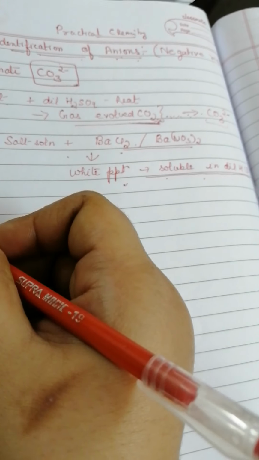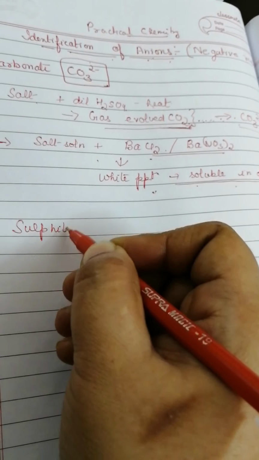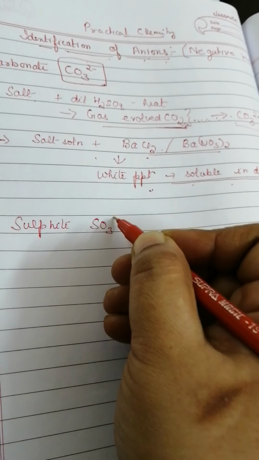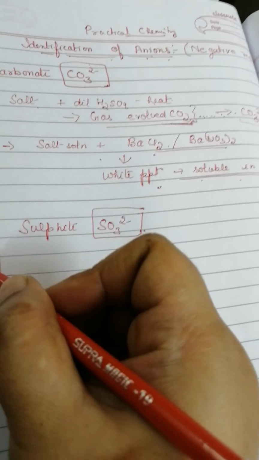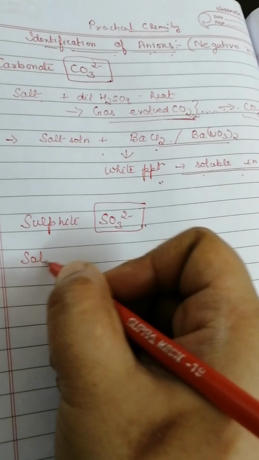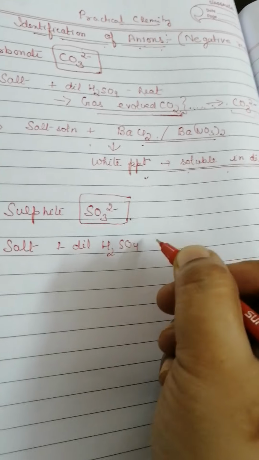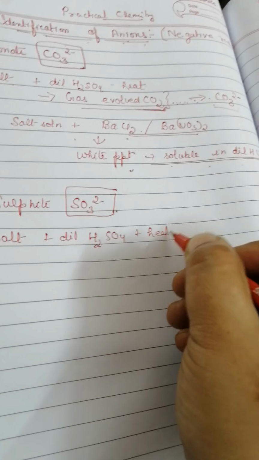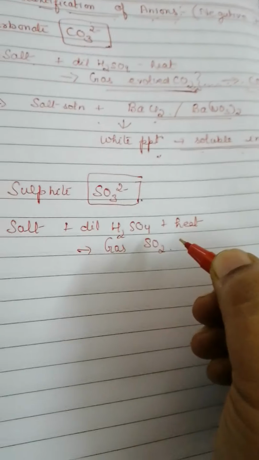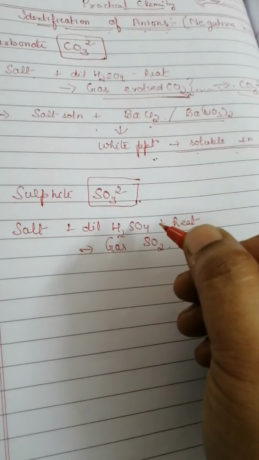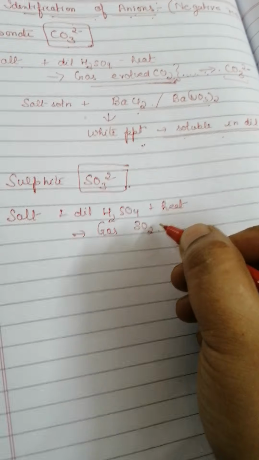Now we talk about the second anion in your course, that is sulfite, SO3 2 negative. Very similar to this. Again we take the salt and add dilute sulfuric acid to it, and I think you know what is going to happen. Which gas will be evolved? Sulfur dioxide. You add dilute sulfuric acid or HCl, any dilute acid, and heat, and you get sulfur dioxide gas.